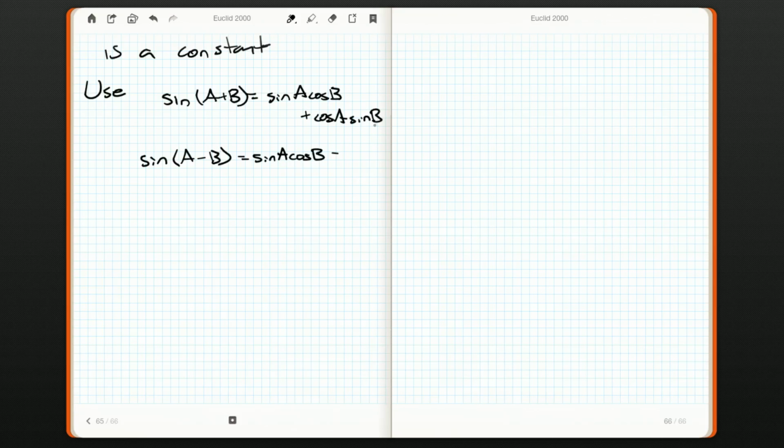And so B has to be the one that's a sine in the second expression. Okay? Because cos A and cos negative A are the same, but sine is the one that flips sign when you change to a negative angle.